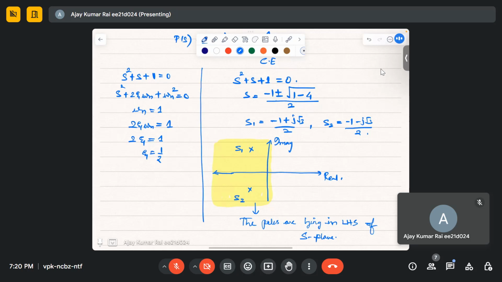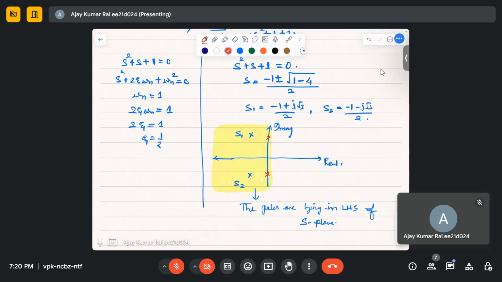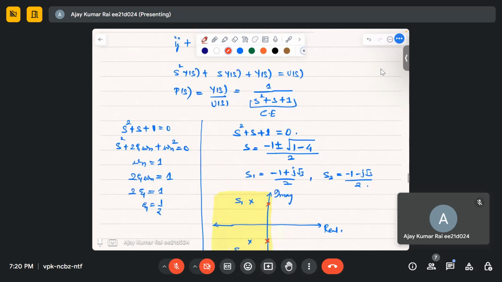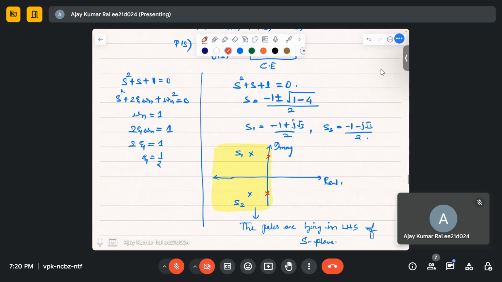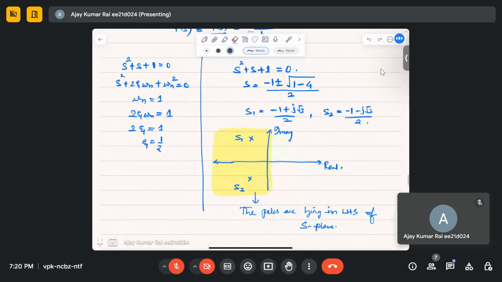So let's suppose for a particular transfer function we have roots on the imaginary axis like this, then you'll say the system is marginally stable. But that is not the case here. And for critically stable, if you have a pole at the origin, then you say it's critically stable.